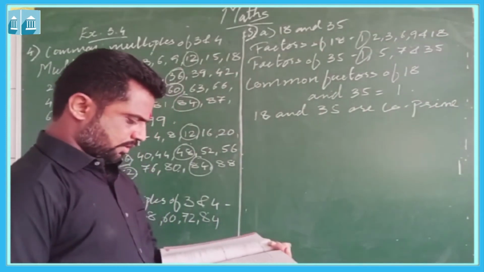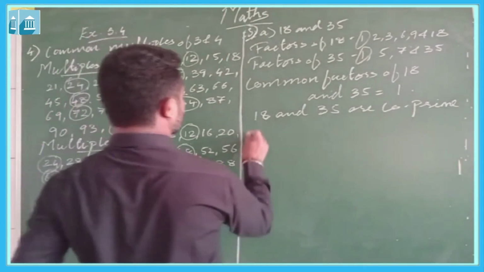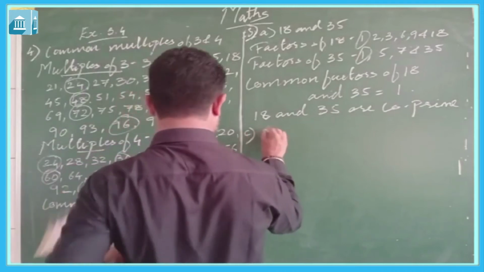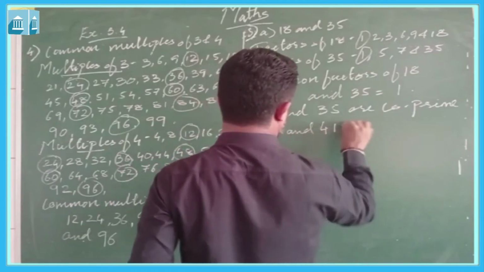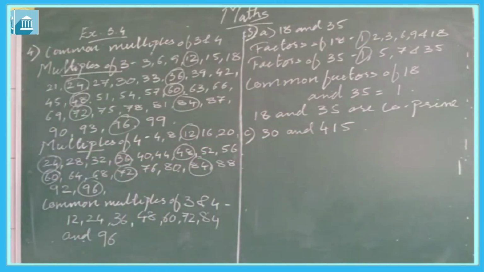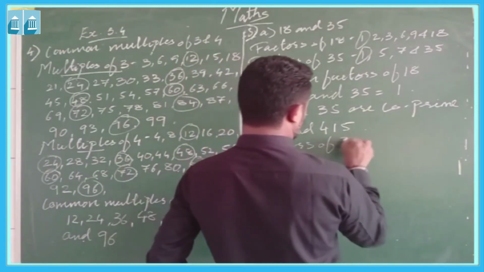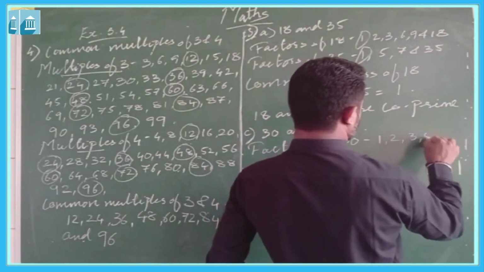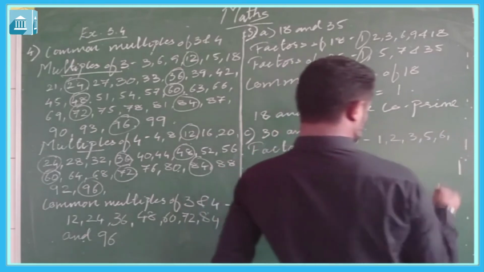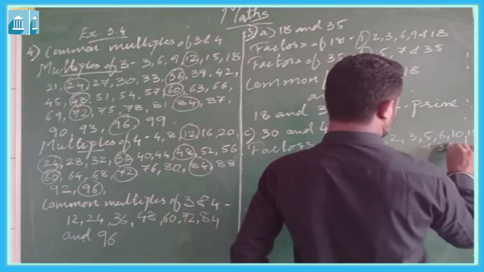Let us see question number C, that is 30 and 415. First we need to find out factors of 30. Factors of 30 are 1, 2, 3, 5, 6, 10, 15 and 30.